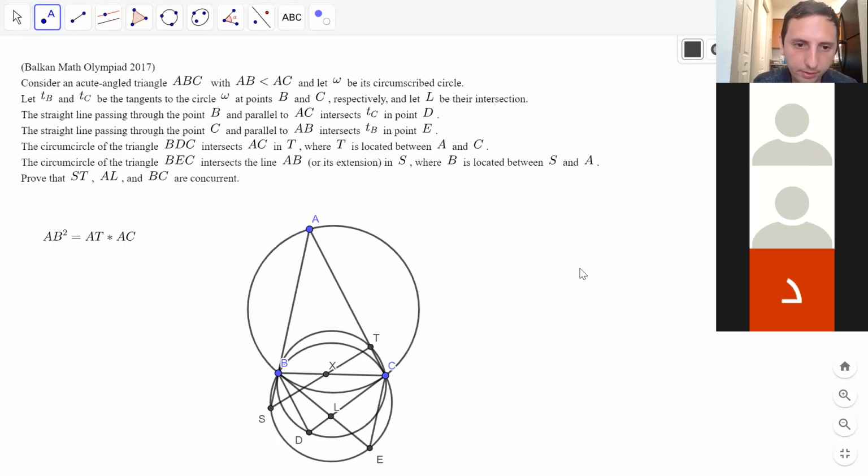BT is parallel to SC. Ah, I see what you're doing. So it lies on the median of triangle BAT, and so it has to lie on the median, because it passes through the midpoints of both BT and SC. So I see why X passes through that.